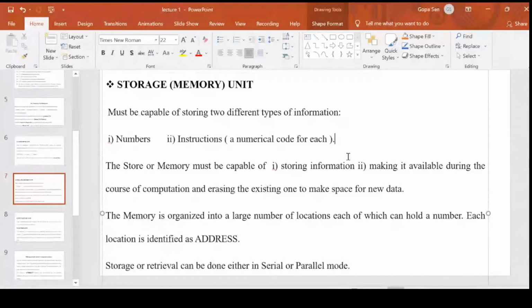Now, what will be the use of the memory? The memory unit must be capable of storing information, and not only storing information, but making it available during the course of computation and erasing the existing data to make space for new data. Now, the total number of memory units or storing units available is fixed.